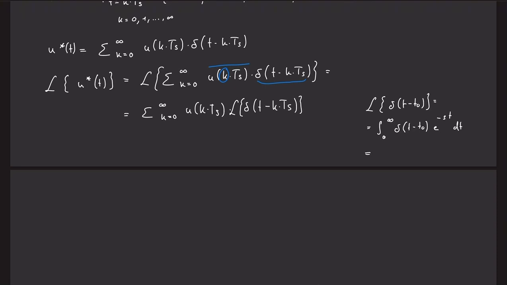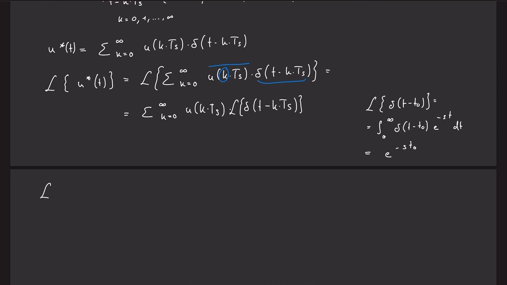Now, if we imagine an integral to be an infinitesimal summation of all the values our function takes at specific times, and our function only having a value unequal to 0 only at t equals t0, we can write down our Laplace transform as e to the power of minus s t0. I know this is a very simplified way of thought, but for now, that'll do, and we do not have to go further into it mathematically.